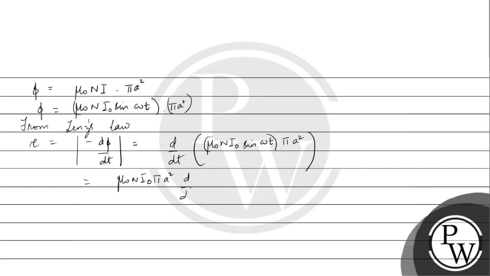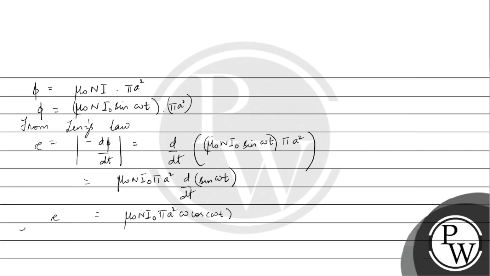This will be d by dt of sine omega t. So therefore we get the induced EMF as mu naught n I naught pi A squared into omega cos omega t.